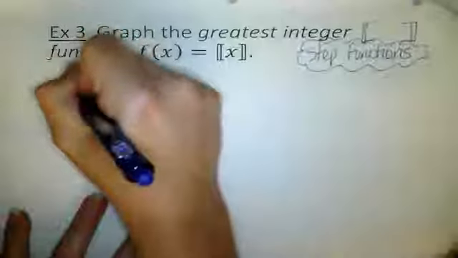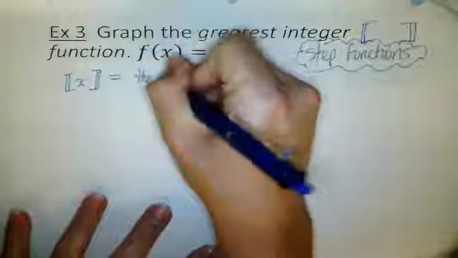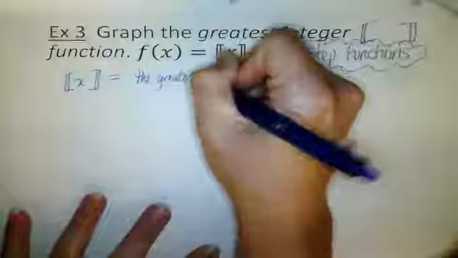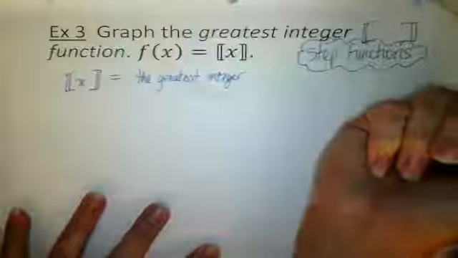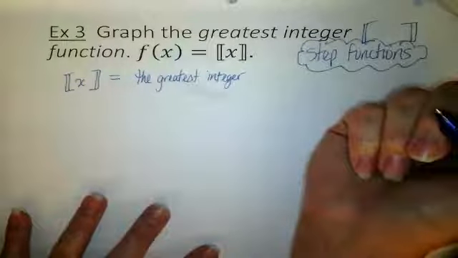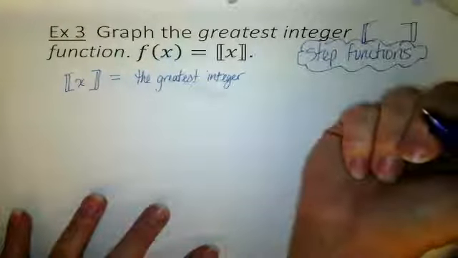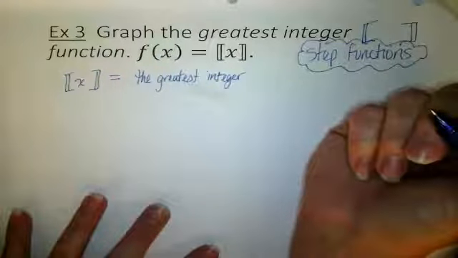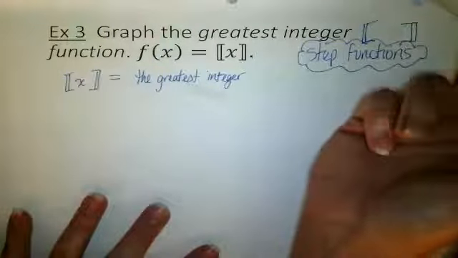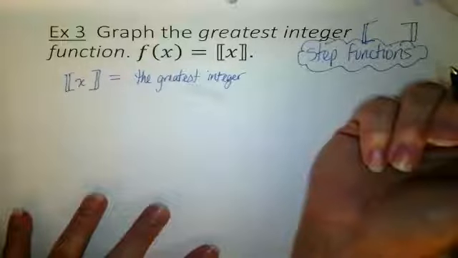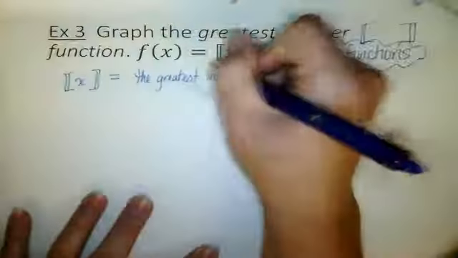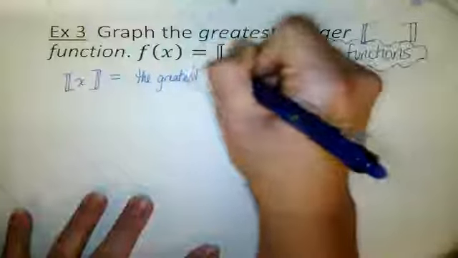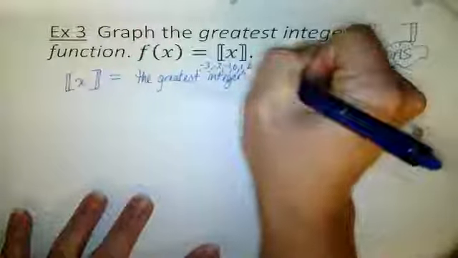All right, we're going to talk about the greatest integer function. What does it mean? The greatest integer of a number equals the greatest integer. What's an integer? A number. Brilliant. What kind of a number? Not a negative. It's not decimal. It is the positive and negative whole numbers: -3, -2, -1, 0, 1, 2, on and on.